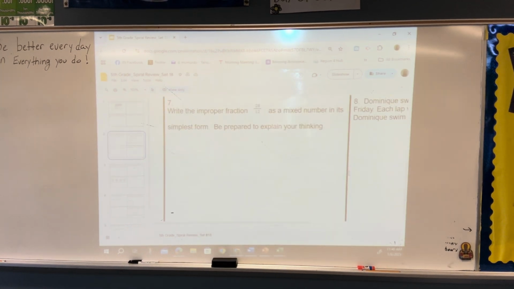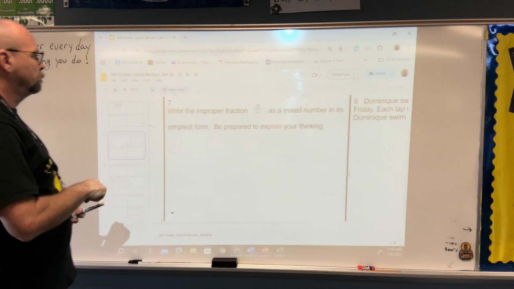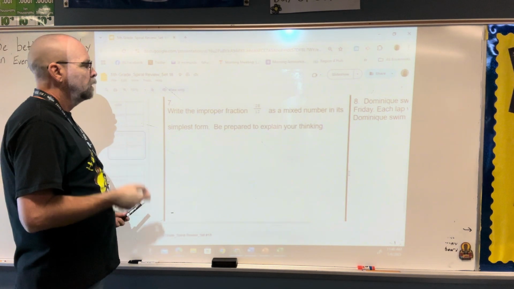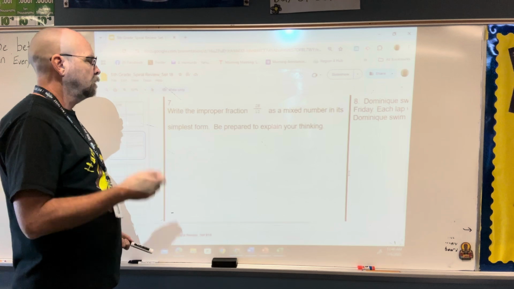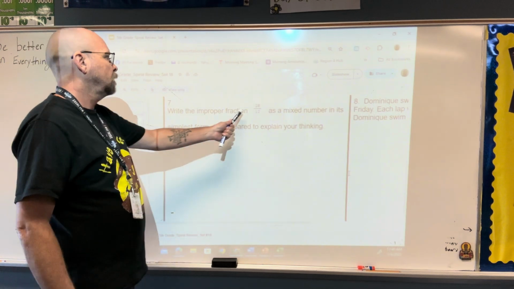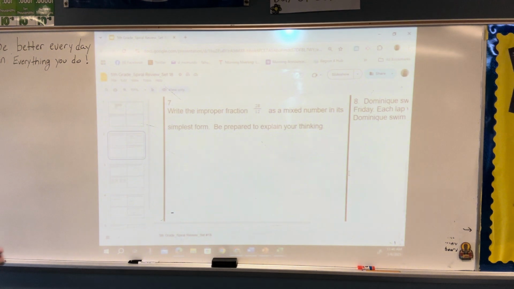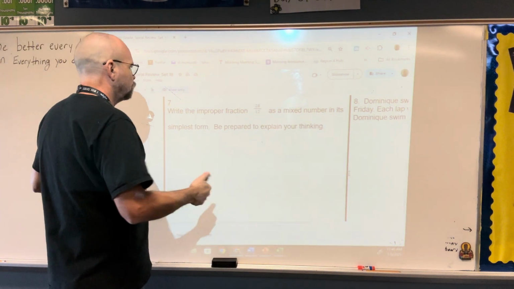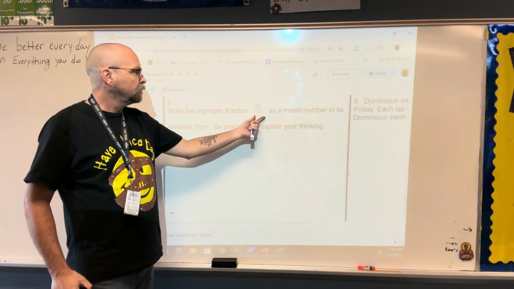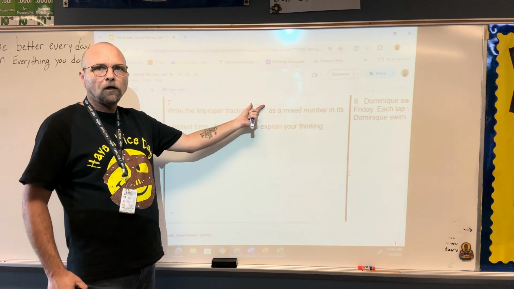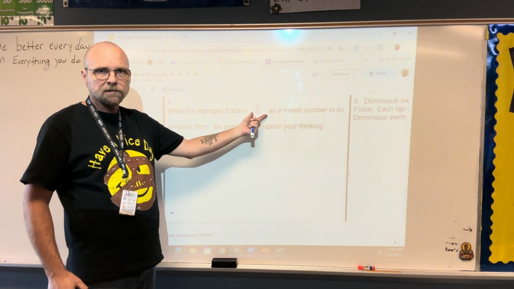Spiral Review 18, problem number 7. Write the improper fraction as a mixed number in its simplest form. Be prepared to explain your thinking. So we have 28 twelfths. First we've got to figure out how many groups of 12 are in 28.